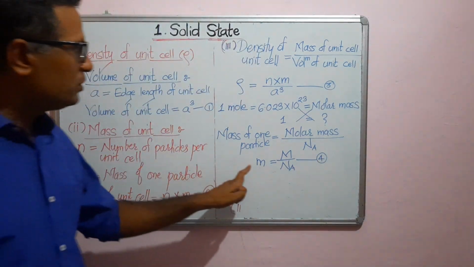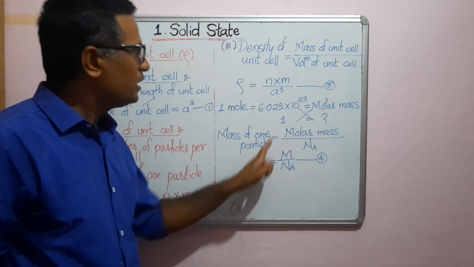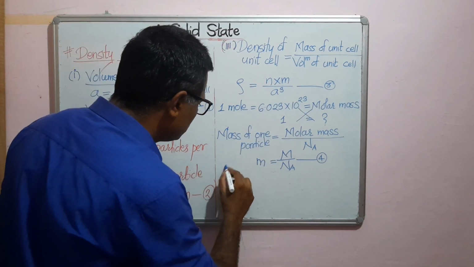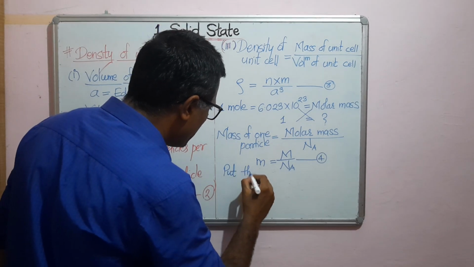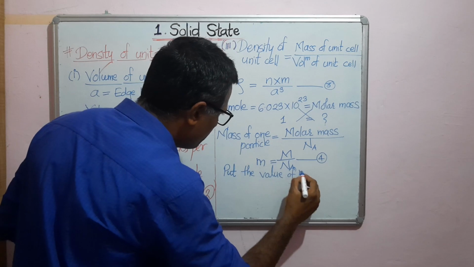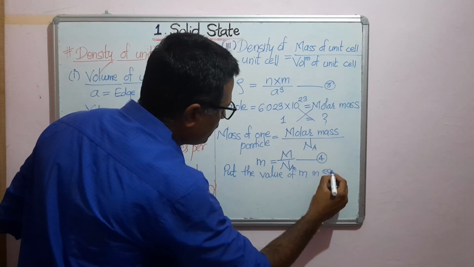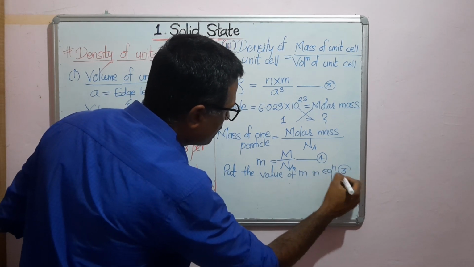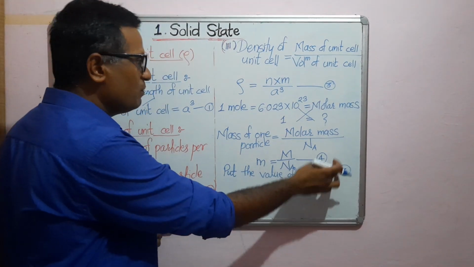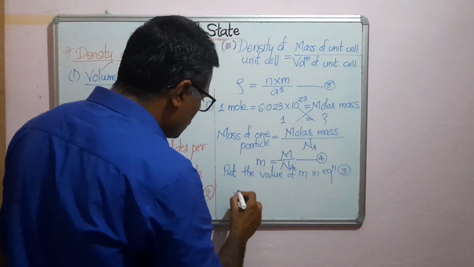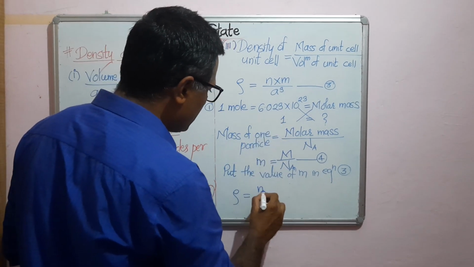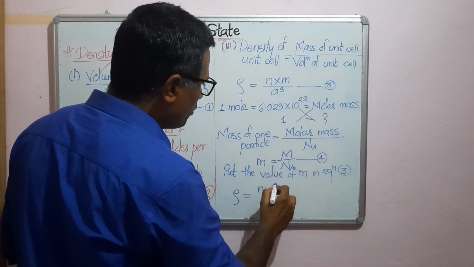Now put this value of m in equation number 3. So rho is equal to n into, what is the value of m?